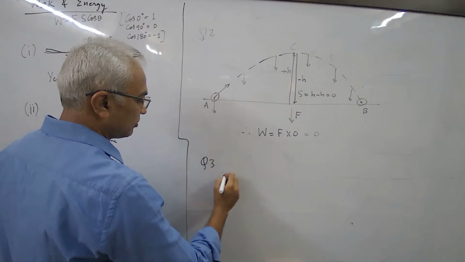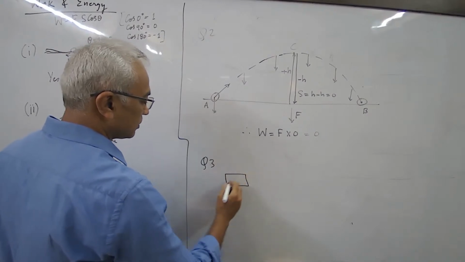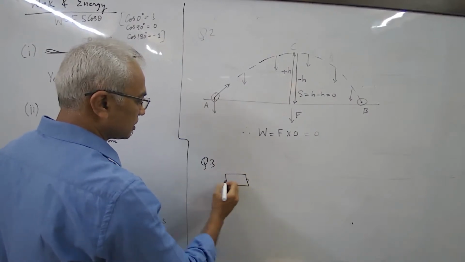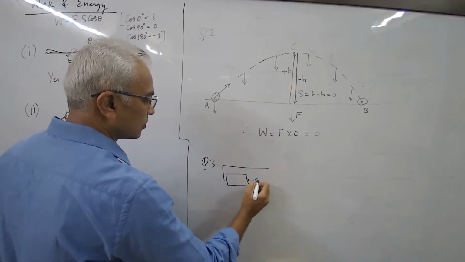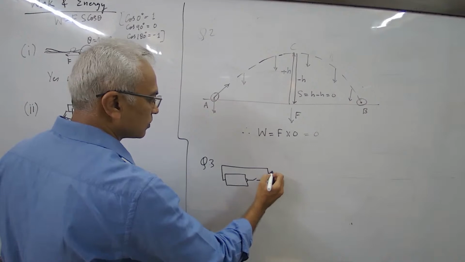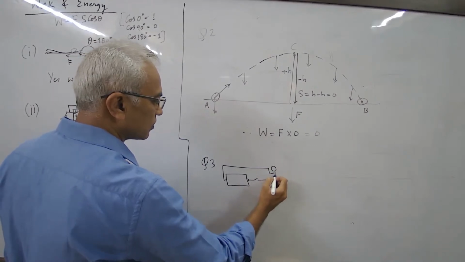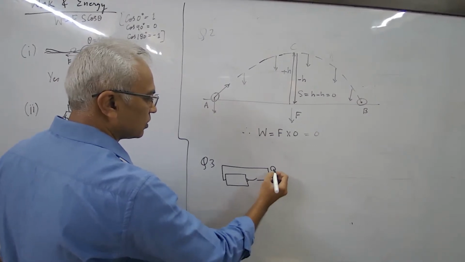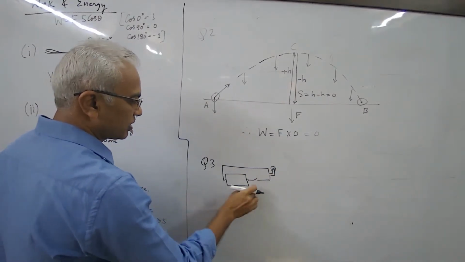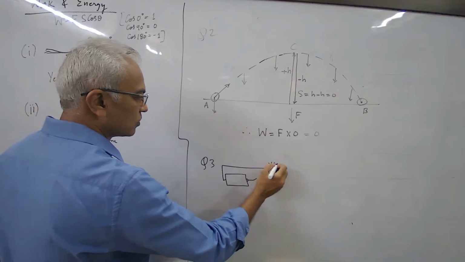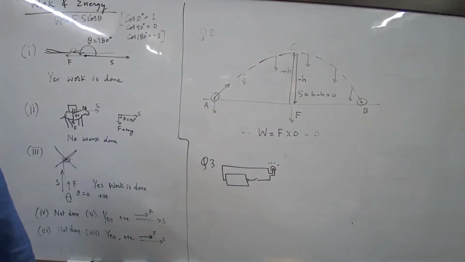You have a battery, a cell like this. Okay? So you have a bulb. When you switch it on, press it, then it glows. What is happening?